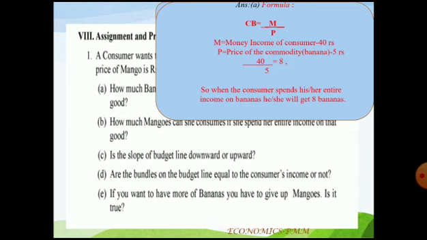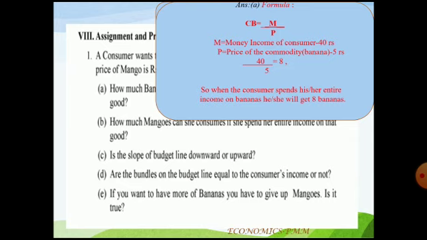What will we get? 40 is our money income, 5 is the price of the commodity. So what answer will we get? We will get 8. It means when the consumer spends his or her entire income on bananas, he or she will get 8 bananas. So this gives you 1 mark.